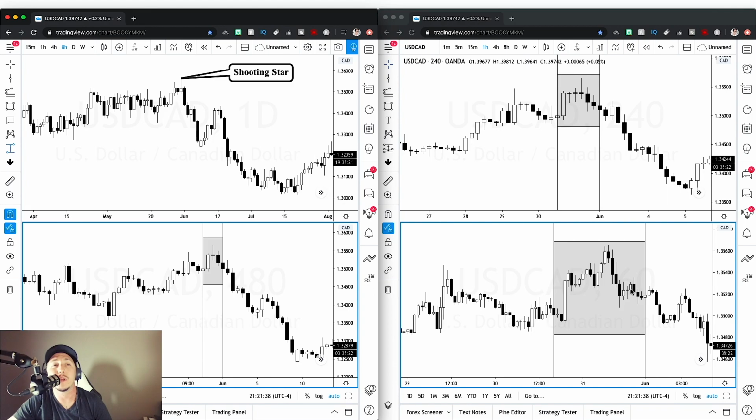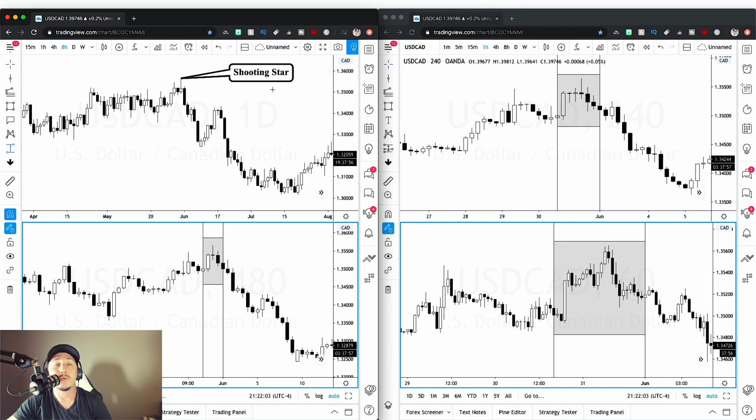And then it kind of just ranged a little bit for the rest of the day. So we had 4 hours straight of selling right here. All right. So now you can kind of see that, yeah, buyers did push it up, but there's definitely sellers around here. There's definitely a chance of this reversing.